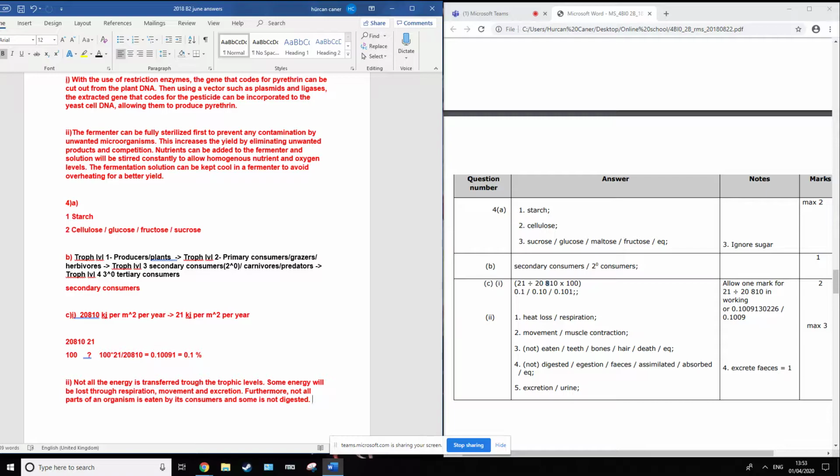For example, grazers, rabbits, will eat the grass, but they won't eat the roots actually. They will eat just the top of it. They will not digest all of it, as you know. So rabbits have to go back and eat their feces, as you remember from a previous question, to digest all the glucose, all the cellulose. They're not going to go around finding all the feces, so they will lose some energy through feces.